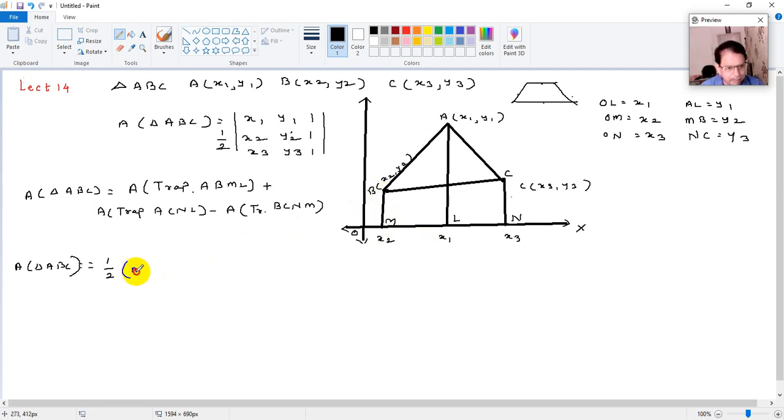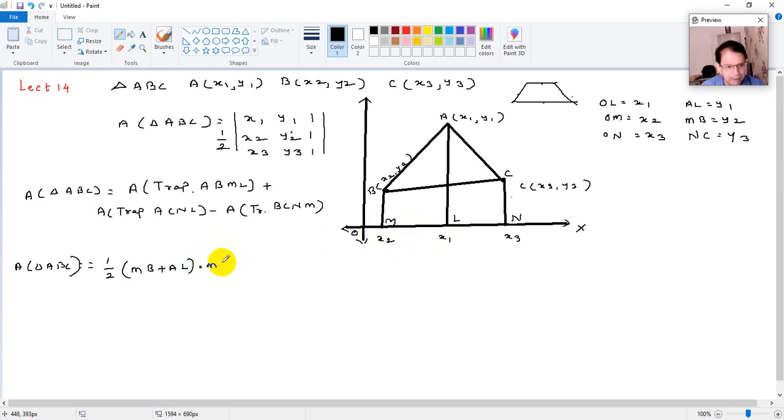So it will be MB plus AL and into what? The distance between parallel sides. मग ते किती आहे इथे? इथे हे तुमचं x1 आहे ना आणि इथे हे x2 आहे, म्हणजे एम एल हे जे अंतर आहे ते.